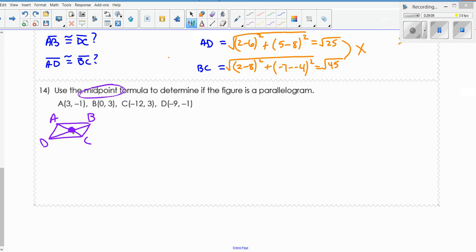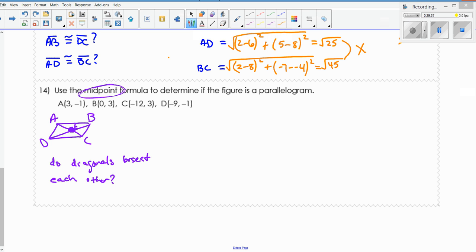And it's a midpoint because if it's bisected, their middles are the same. So I'm going to call this point E, but really what I'm trying to determine is: do diagonals bisect each other?